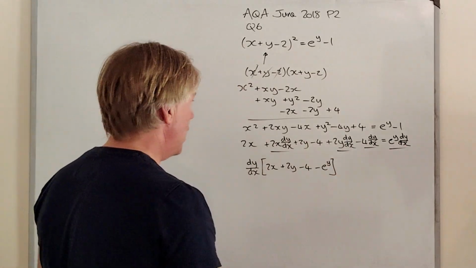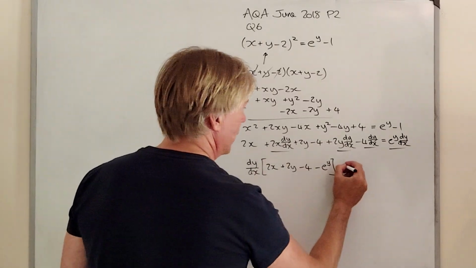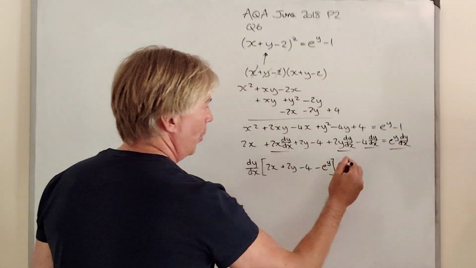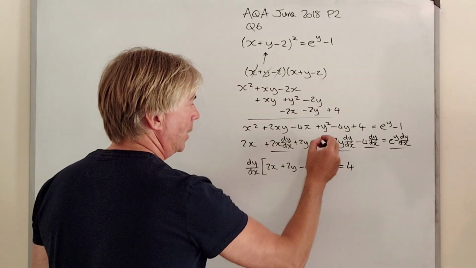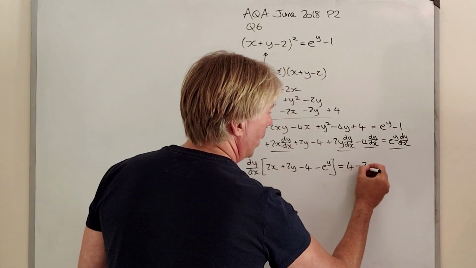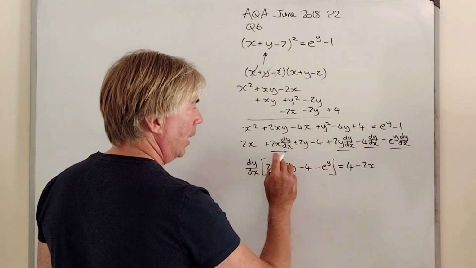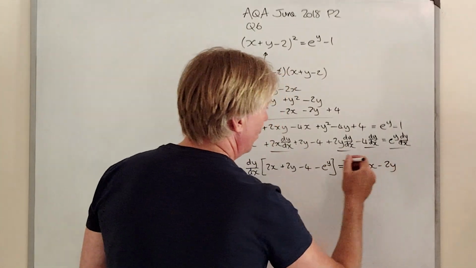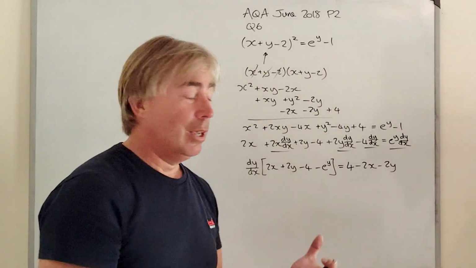So that's moved over there, and then everything else is going to move to the right hand side. We'll start with the 4 because it's going to be positive on the right hand side, minus 2x, minus 2y. I believe that was absolutely everything.